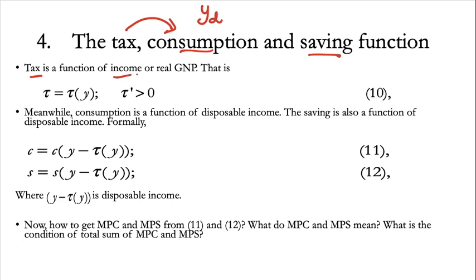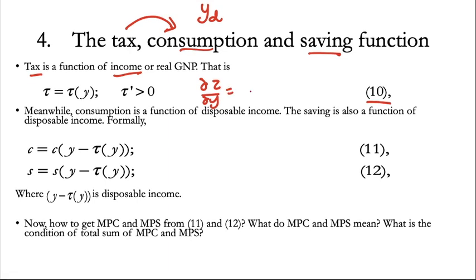We have income tax. When we have income tax, tax here is a function of income. Tax here depends on income or real GNP. In equation form, it can be expressed in expression 10 here, in which tax is a function of income. Tau, the Greek letter, refers to tax and is a function of income. If we differentiate tau with respect to y, it equals tau prime, which means the differentiation of tau.